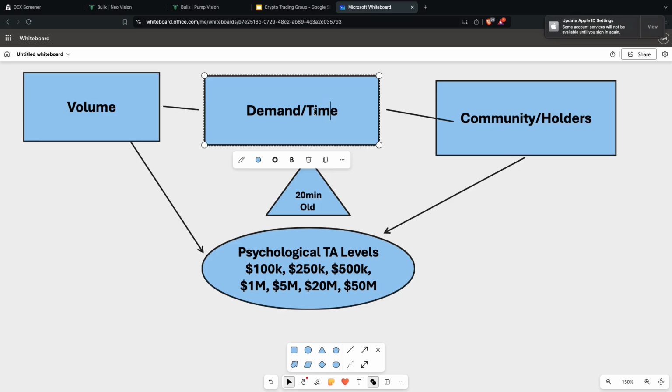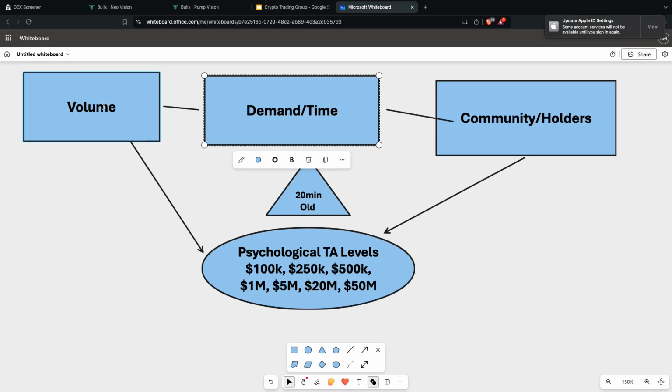Most of the time, very well calculated team managers, project managers, meme token creators are going to have everything figured out. They already know when to hit King of the Hill, when to hit Radium, what it takes to get to King of the Hill, and what it takes to hit Radium. So obviously they're going to have a lot of volume.